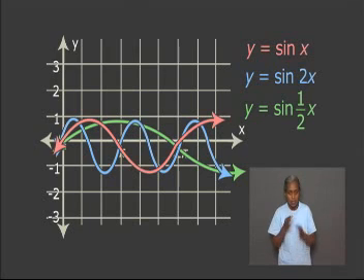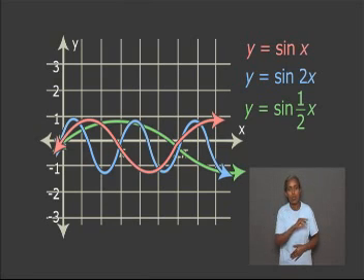If we sketch this graph and the graph of sine of x, we see that the ranges are the same, but the periods are different. Sine of 2x completes 2 cycles in the interval of 0 and 2 pi.